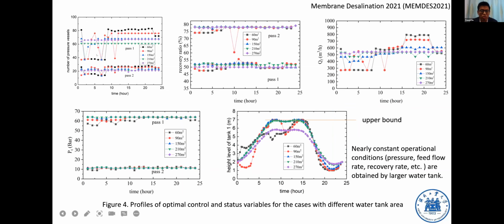So we can go through the profiles of the optimal control and state variables during the operation. We can see that if we use a large water tank, the number of pressure vessels, recovery rate, feed flow rate, and the pressure will be nearly constant.